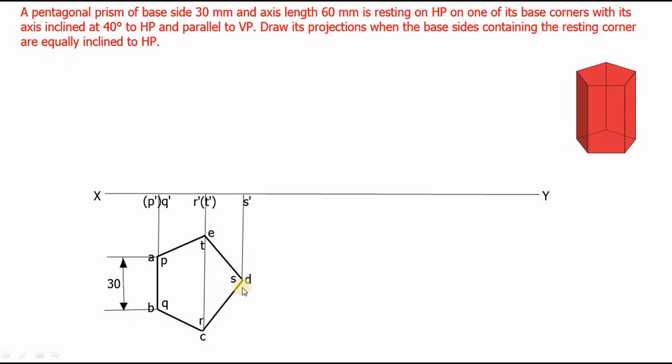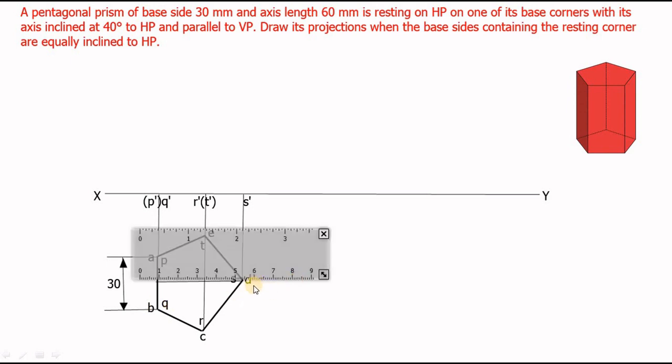Take the scale. Keep it on any one of the corners and the midpoint of the side that is opposite to that particular corner. See here, I have taken D corner, that is S corner. From there, keep the scale, draw one straight line which connects the midpoint of the side that is opposite to this corner. The opposite corner is A and B, that is P and Q. So you have to draw one straight line.